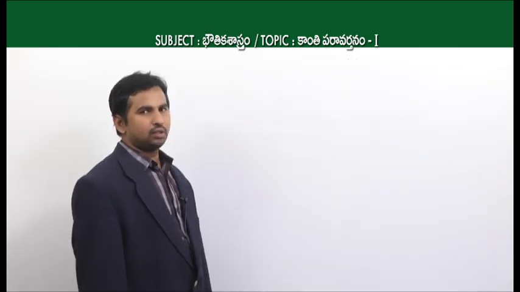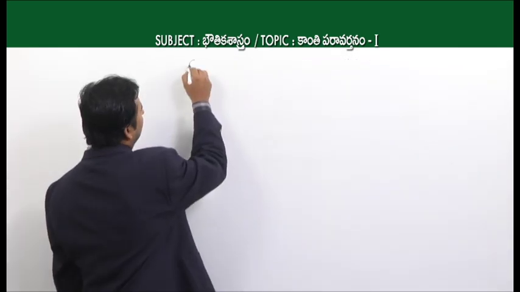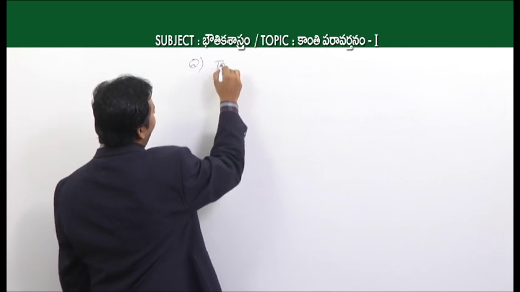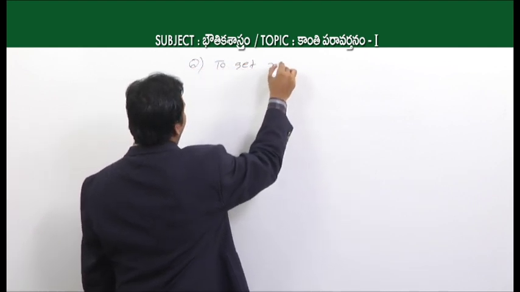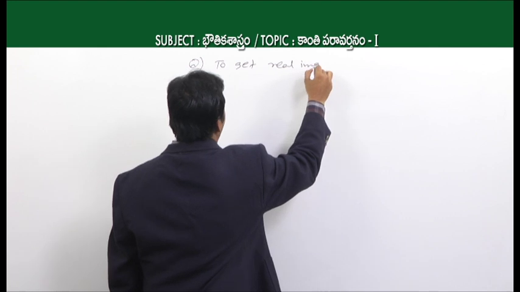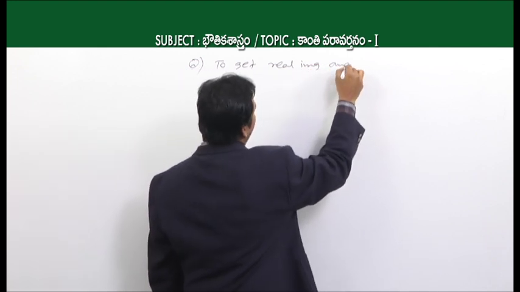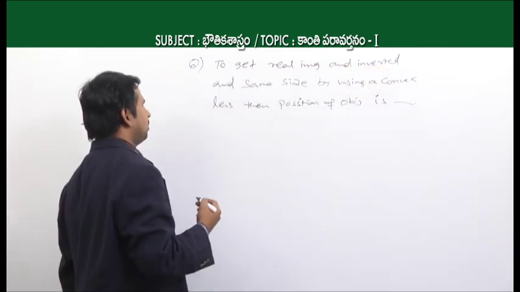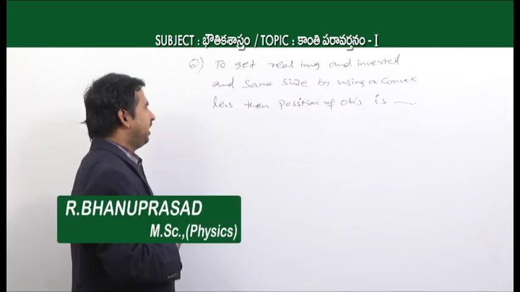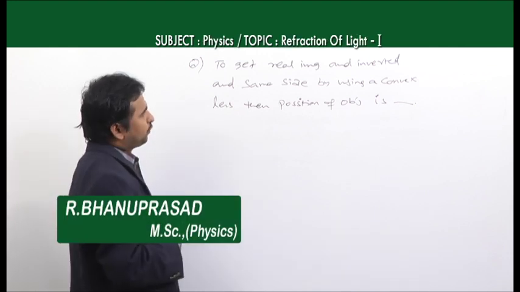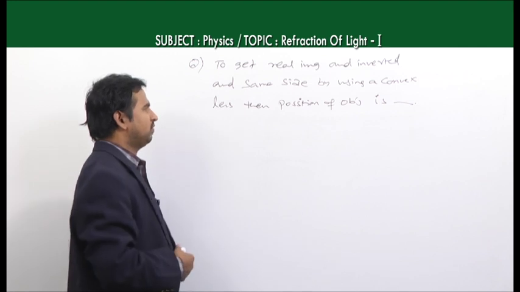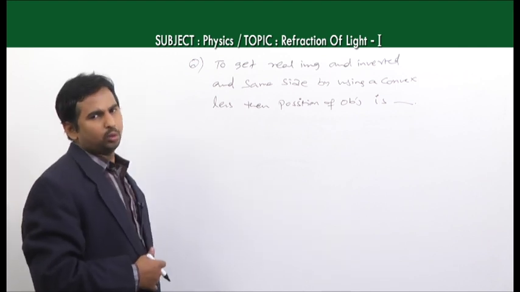Next, another question. If you want to get a real and inverted image, and of the same size, by using a convex lens, where to place the object?